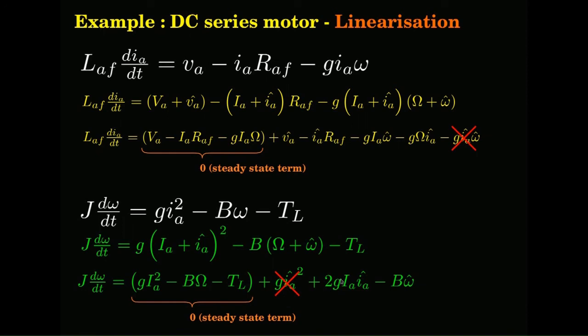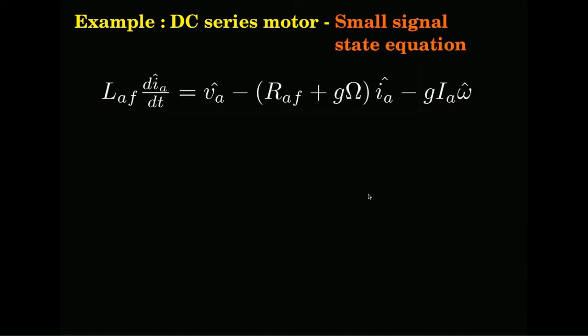So, now for my small signal part of the model, I am left with this here and this here. Now, these are all linear, no state multiplication. If I say IA hat is the state, omega hat is the state, then I have a linear equation coming in. So, if I remove these items and rewrite, I get the small signal equation. Now, I am replacing this by IA hat because d uppercase IA by dt is 0, d uppercase omega by dt is 0.